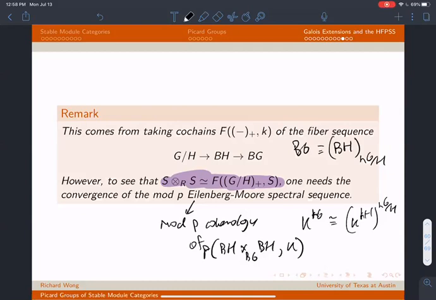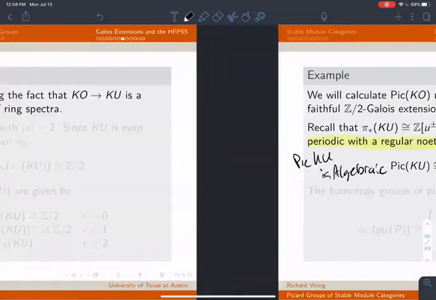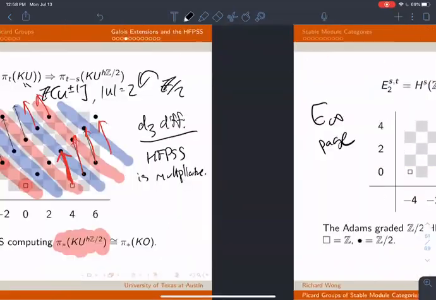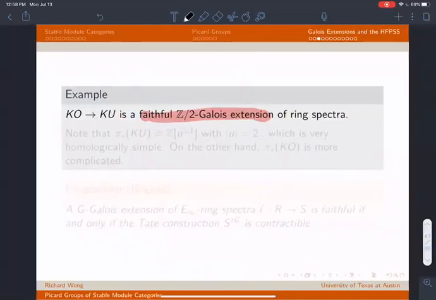Hi, Richard. I was wondering about the condition you had for a map of spectra to be a Galois extension, about the Tate construction being contractible.